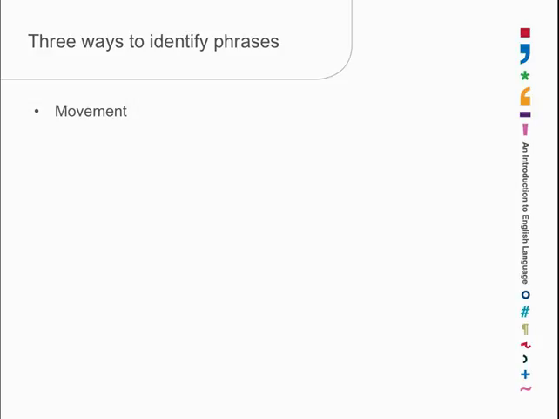Phrases are units that have particular properties, and we'll now look at ways to identify them. First of all, we've already seen that units that move together are phrases. Units that mean something are phrases, and we also have a substitution test. If you can substitute something for something that's a phrase, then it's a phrase as well.